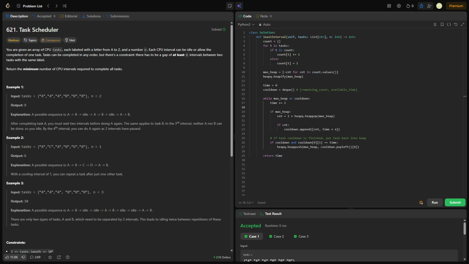The second one is a greedy approach, and it's a little bit more formulaic. The heap approach is, I believe, n log k time complexity, because we need to handle n operations but also build the heap out. And the formulaic approach, the greedy approach, is O of n. It's a little bit more efficient.